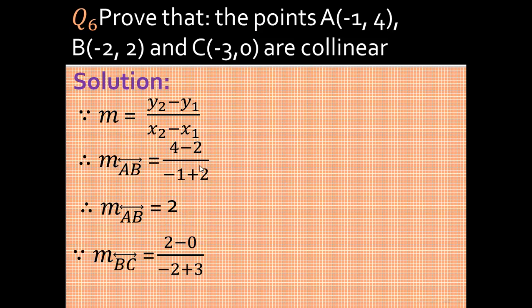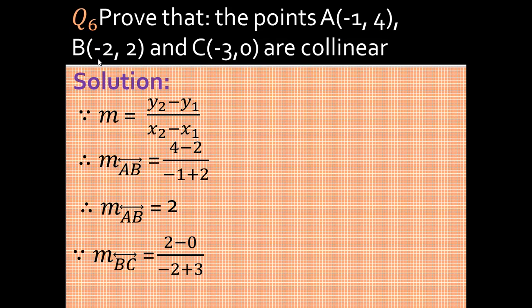Let's find the slope of the straight line which passes through the points A and B. The coordinates of the point A are (-1, 4) and the coordinates of the point B are (-2, 2). So we need to find the difference between y coordinates over the difference between x coordinates: 4 minus 2 over -1 minus -2.